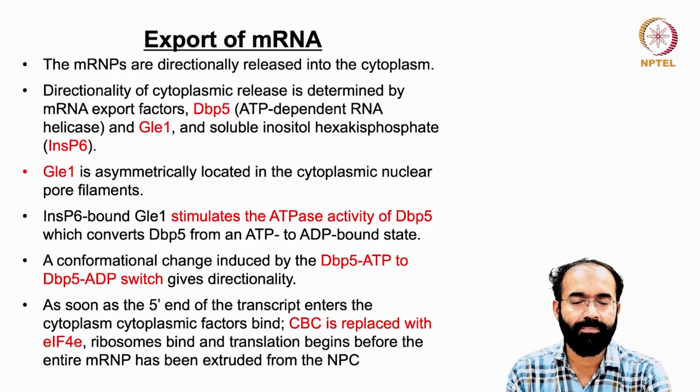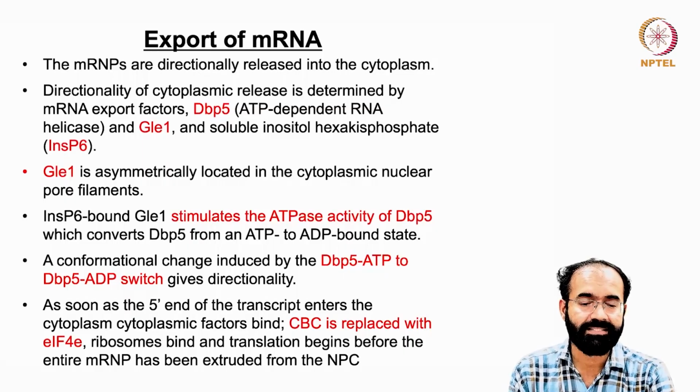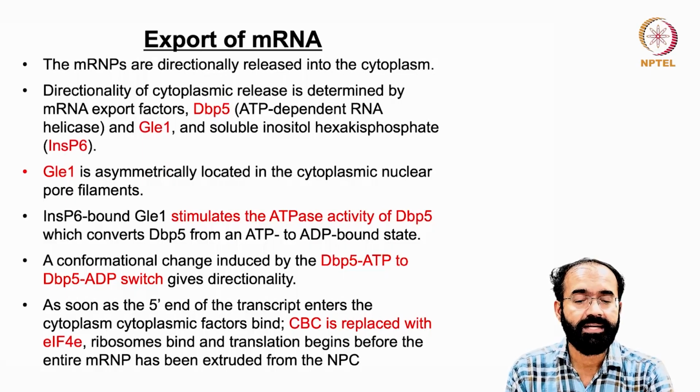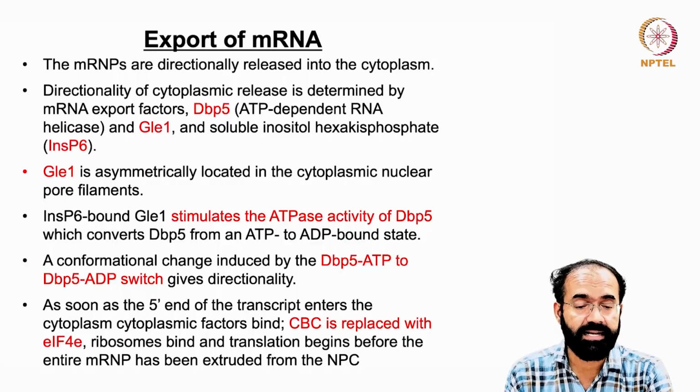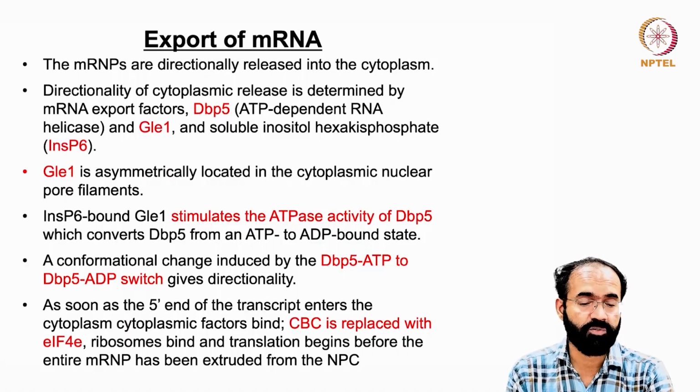And another protein, GLE1, which is a soluble inositol hexakisphosphate, that is also known as IP6. So three proteins, DBP5, GLE1 and a soluble inositol hexakisphosphate known as IP6, provide the directionality via the export factors.